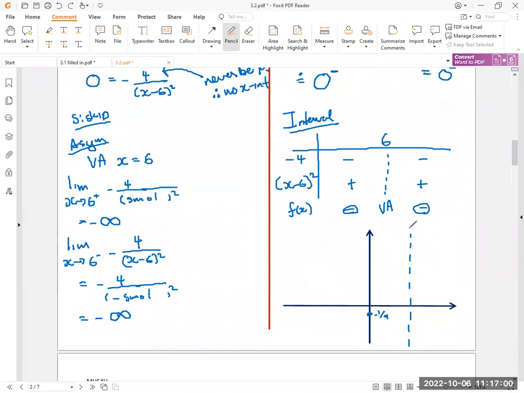If I'm to the right of 6, it's going to be negative infinity, so somewhere here. If I'm to the left of 6, it's going to be negative infinity, so somewhere here.